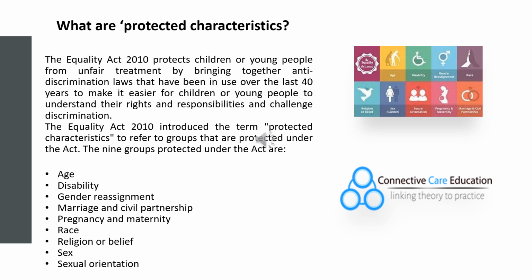The Equality Act 2010 introduced the term protected characteristics to refer to groups that are protected under the Act. The 9 groups protected under the Act are age, disability, gender reassignment, marriage and civil partnership, pregnancy and maternity, race, religion or belief, sex, sexual orientation.